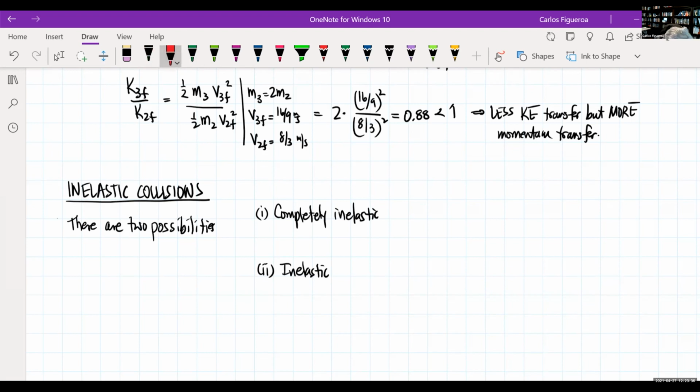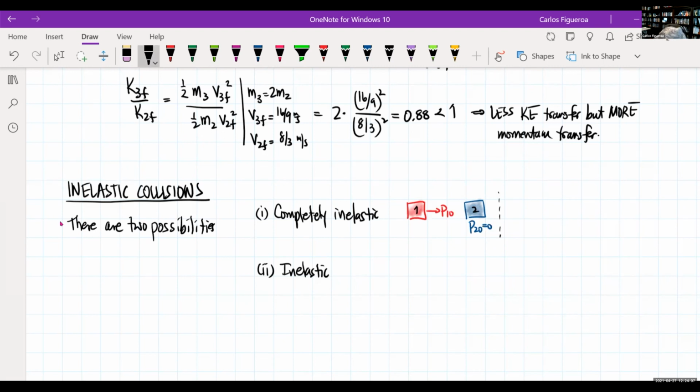So you could imagine that you send in a block, and it's coming in, and there's a stationary block. It doesn't have to be stationary, but what we're assuming here is that when I look at 1 versus 2, 2 starts off with an initial momentum of 0.